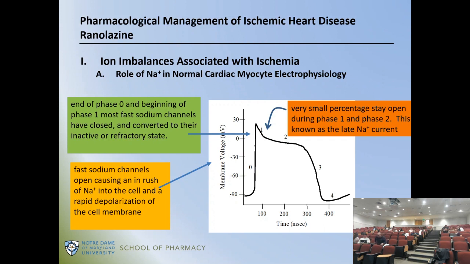On a molecular level, in an individual cardiac muscle cell, that damage can manifest itself as changes in ion movement across the cell membrane. Ranolazine can help to reverse that electrical dysfunction.